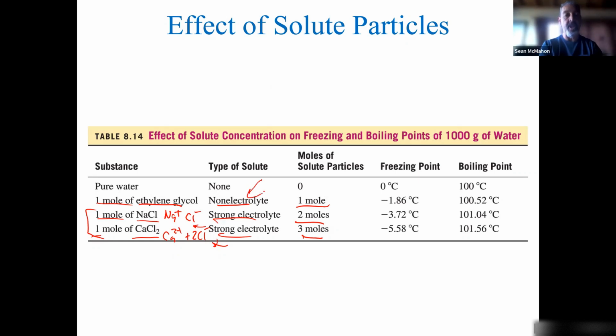This is considered a non-electrolyte because the ethylene glycol, if you remember, C2H6O2, is a covalent compound, and it doesn't dissociate. We see the effects because as there are more solute particles dissolved in water, the boiling point rises because it's harder to boil it, okay?